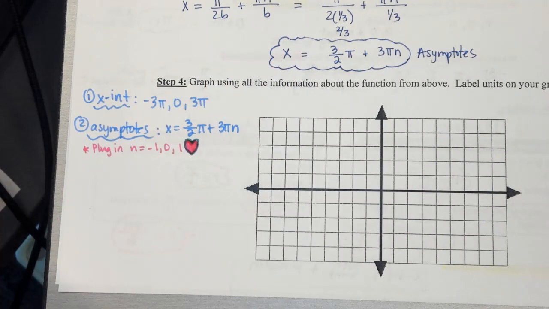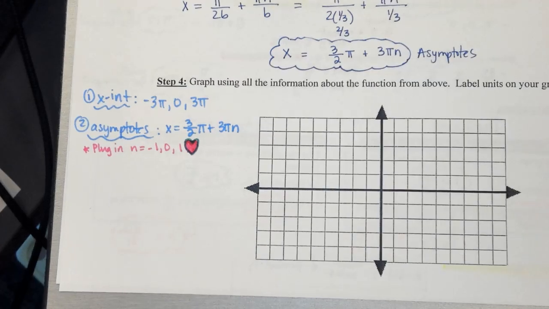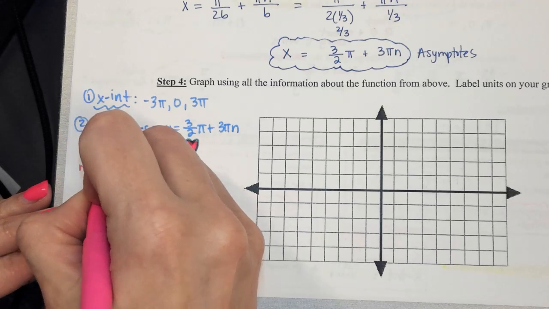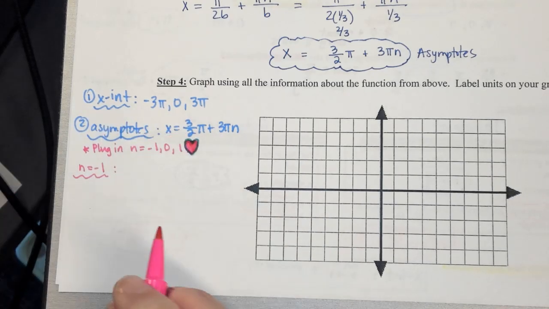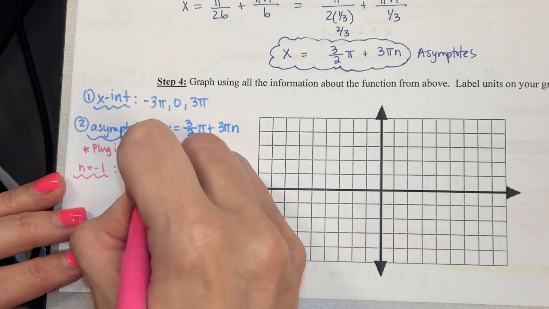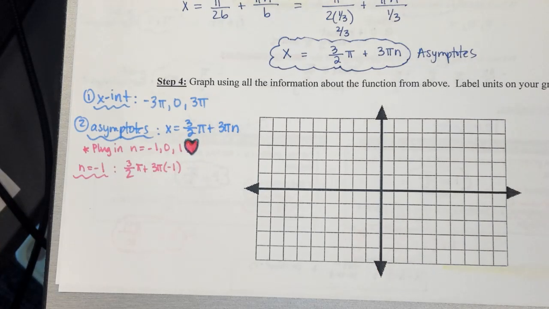Okay, so when you plug in -1, 0, and 1, that is going to tell you where the asymptotes are on your graph, okay? So if I do n equal to 1, I have 3 over 2 pi plus 3 pi times -1, and I'm going to simplify that.